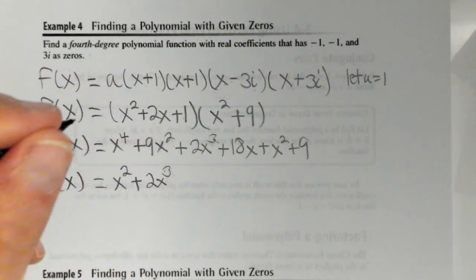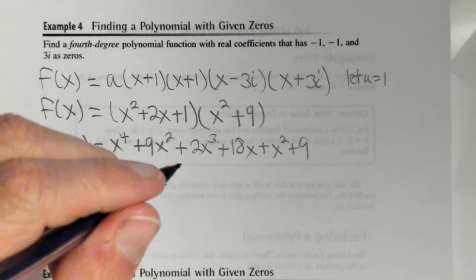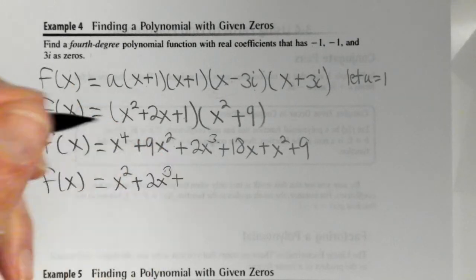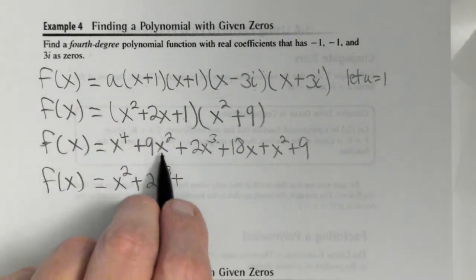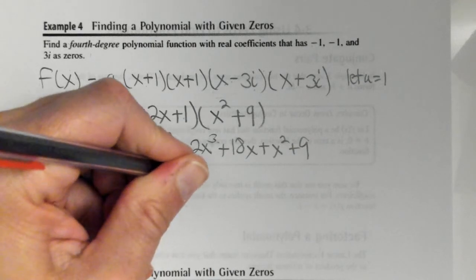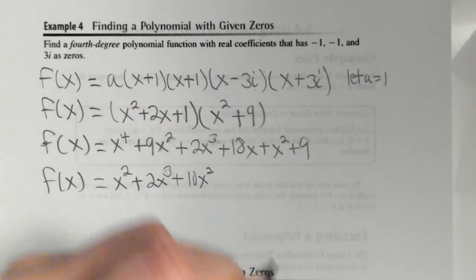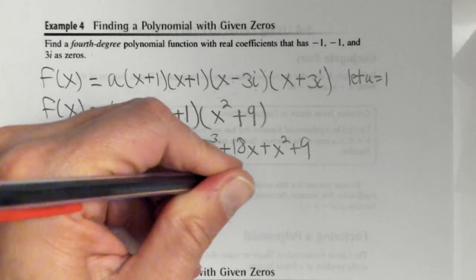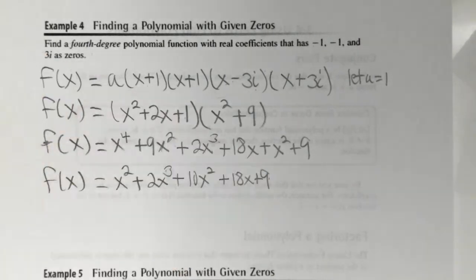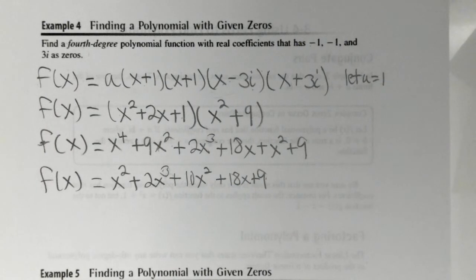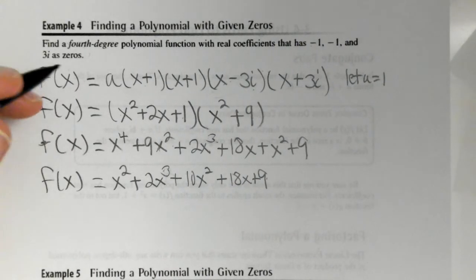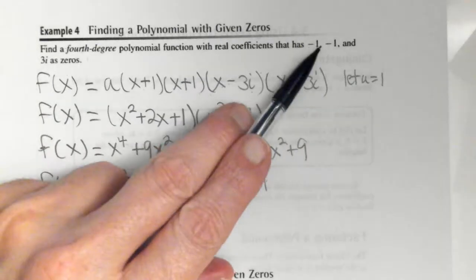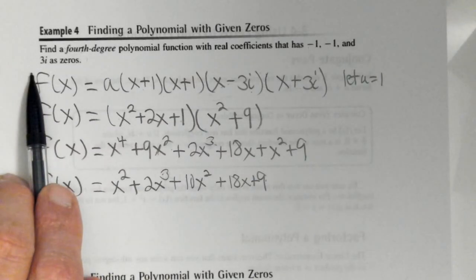Third. Okay, now the next thing I come to is plus, I can go ahead and put my squares together. 9x squared plus x squared will be 10x squared. And now I can go plus 18x plus 9. And so that is going to be a fourth degree polynomial function with these three coefficients.